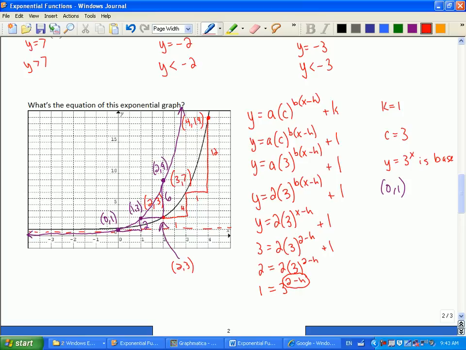Yeah, the exponent has to be 0 in order to get 1 out of it. So 2 minus h has to be 0. h is equal to 2 for us, because that's going to give me 3 to the 0 equals 1. That's the exponent I'm looking for. Okay, so after all that, we have 2 times 3 to the x minus 2, plus 1.